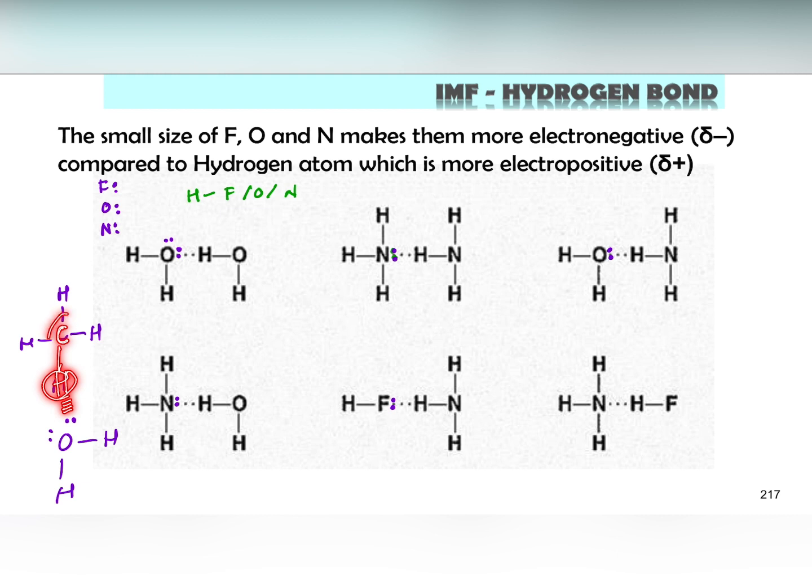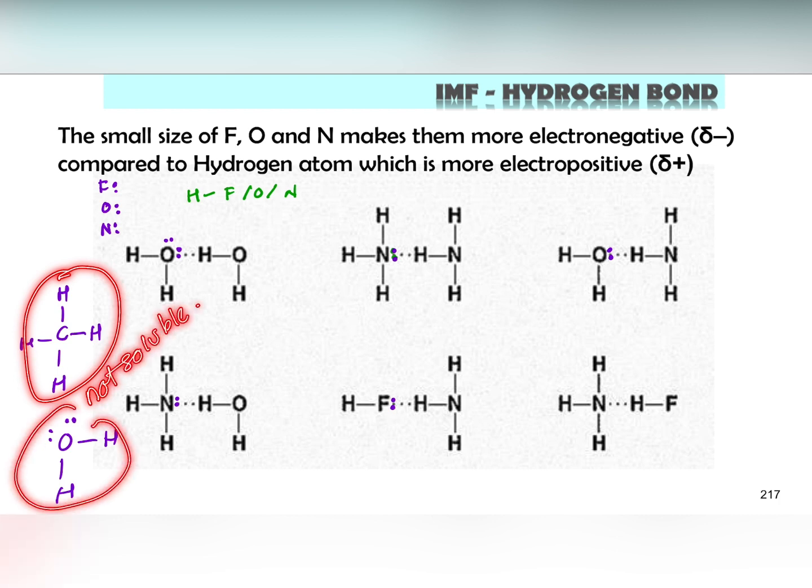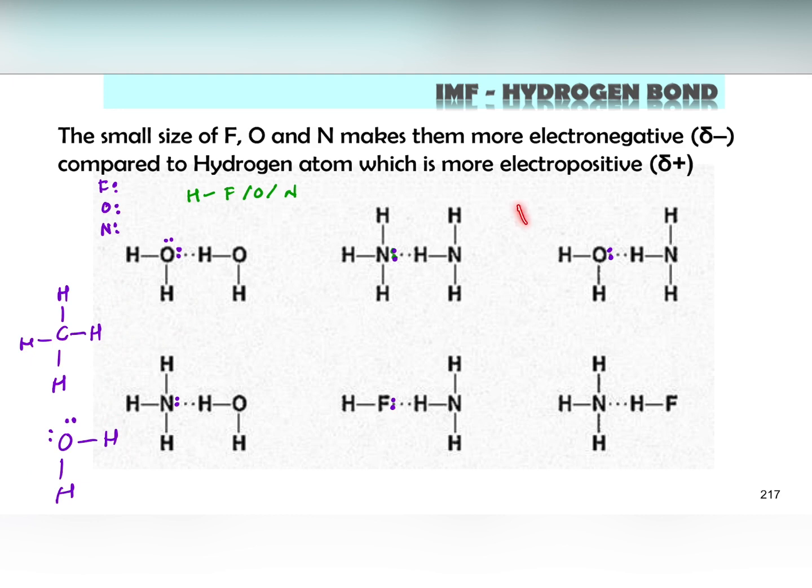In this case, carbon atom. So is carbon atom one of the handphone tu? Tak. So therefore CH4 tak boleh buat hydrogen bond with water molecule. Therefore kita boleh juga cakap CH4, which is methane, is not soluble in water. Okay, so kalau dia boleh buat hydrogen bond with water molecule, maksudnya dia adalah soluble.